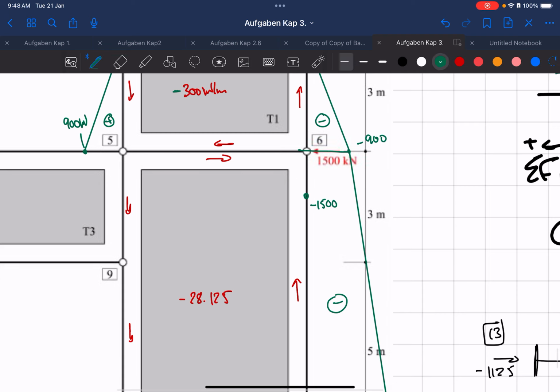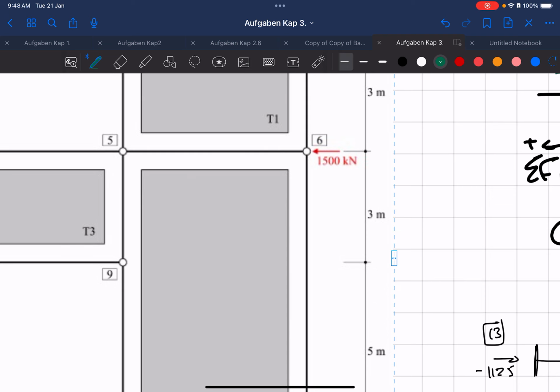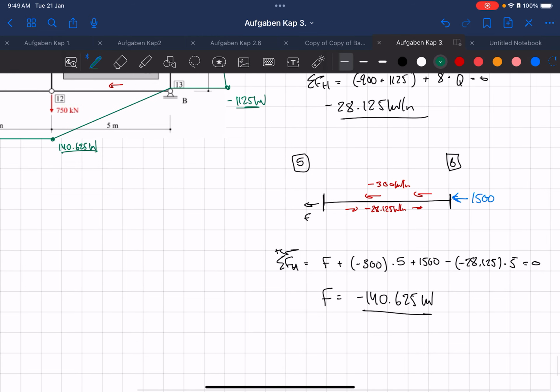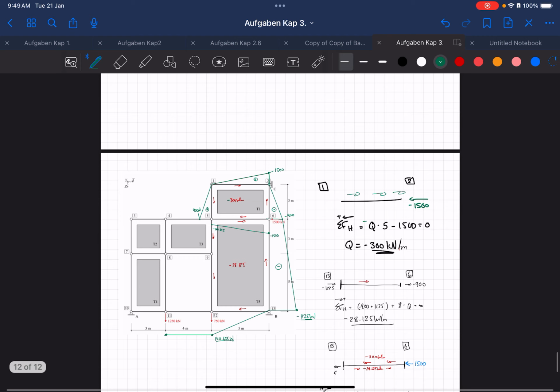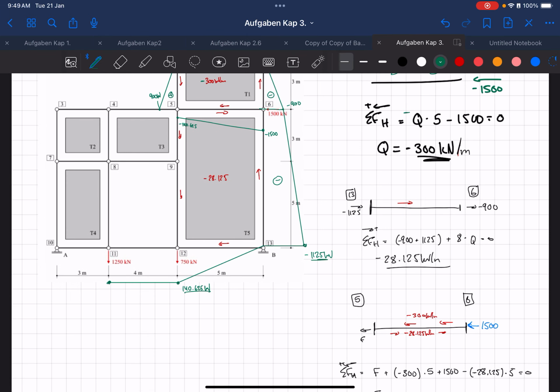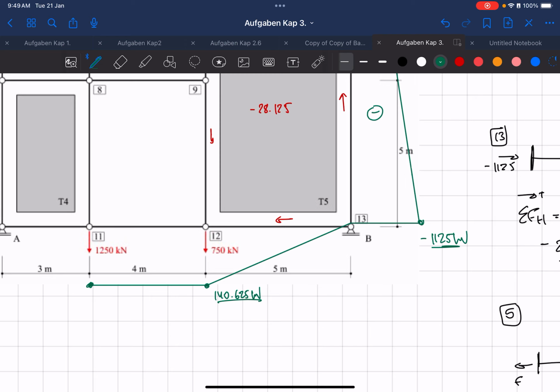Oh, sorry. So. Okay. And here I know it's then positive 750, which I will put in this direction.